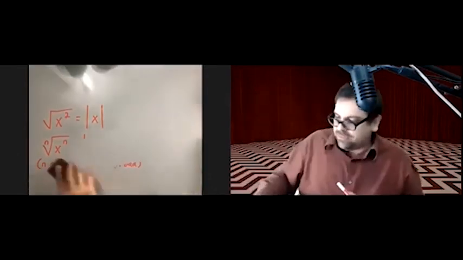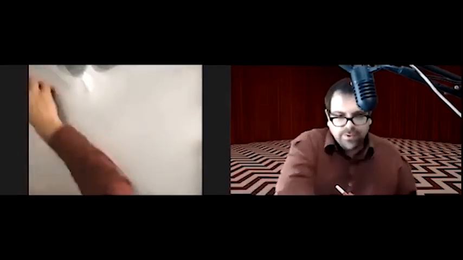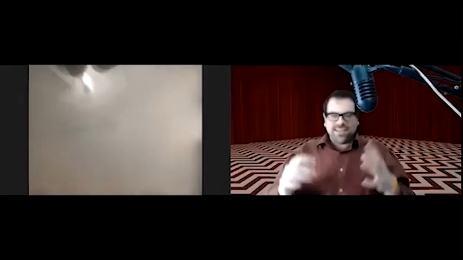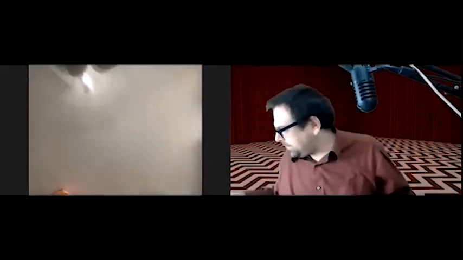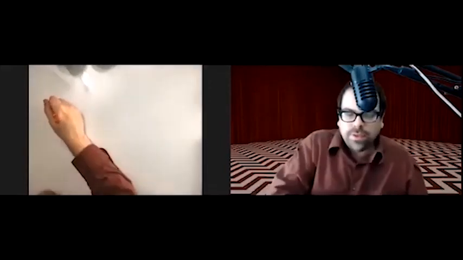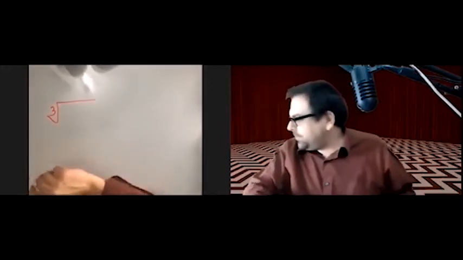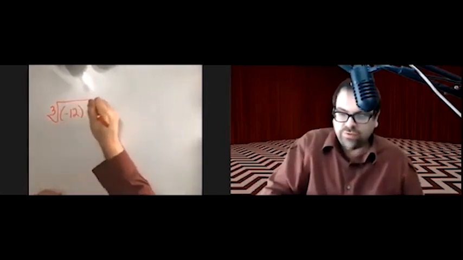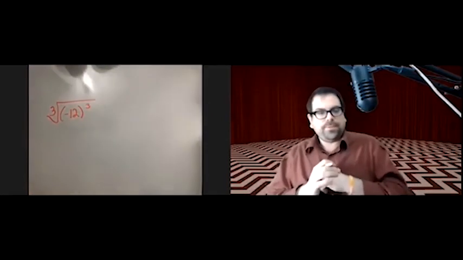So let's look at some examples. Even if I just confused you, these examples are going to make you go, oh, okay, I see exactly what you mean. Let's take a look at the cube root of negative 12 cubed.